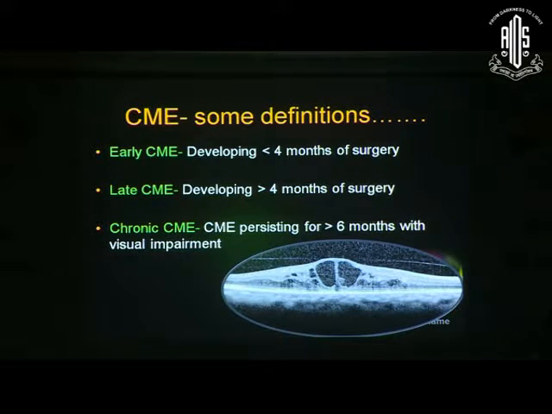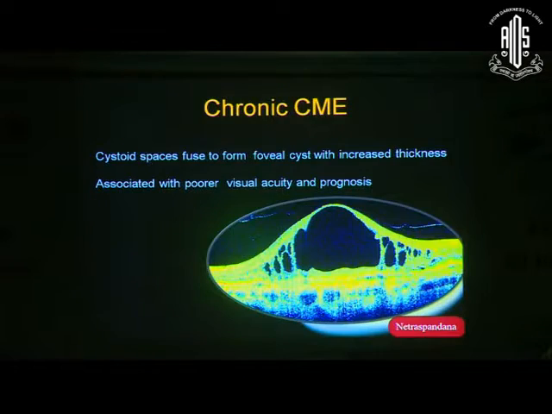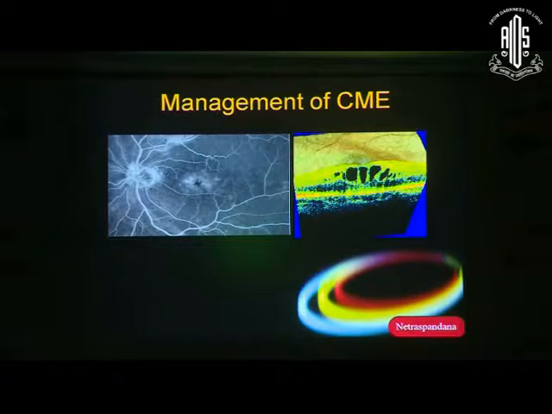Depending on the timing, they are again classified as early CME, late CME, and chronic CME. The patient who has cystoid macular edema which persists for more than 6 months is called chronic CME. Very long-standing cases may lead to fusion of all the cysts, leading to a foveal cyst, and these are associated with poor visual acuity and prognosis.